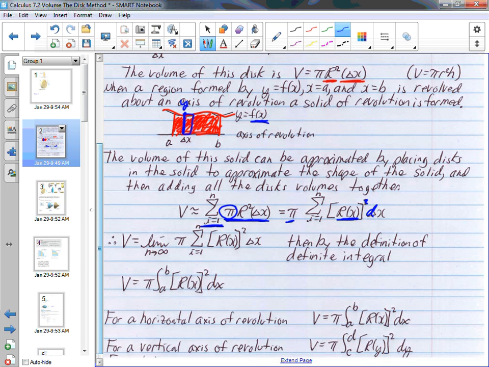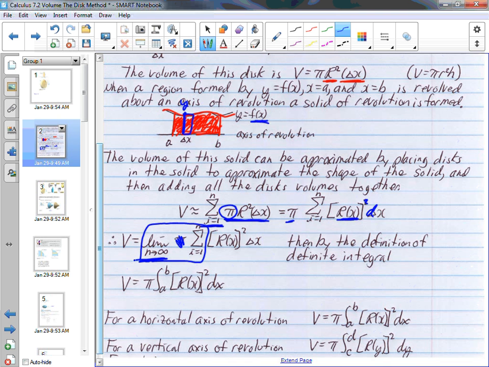Now, like I said, that's for a finite number of disks. That's not good enough. That's just an approximation. So take the limit of that sum as the number of disks approaches infinity. And look, all of this is the definition of a definite integral, isn't it? Well, the pi doesn't have to be in there.